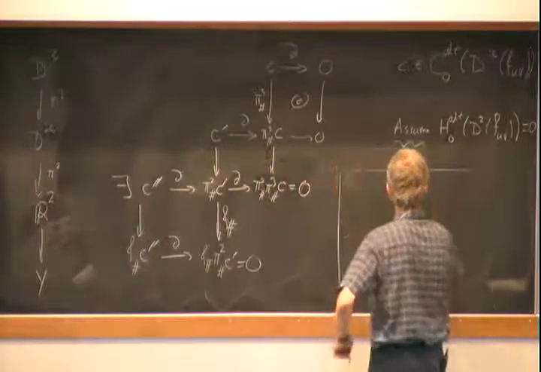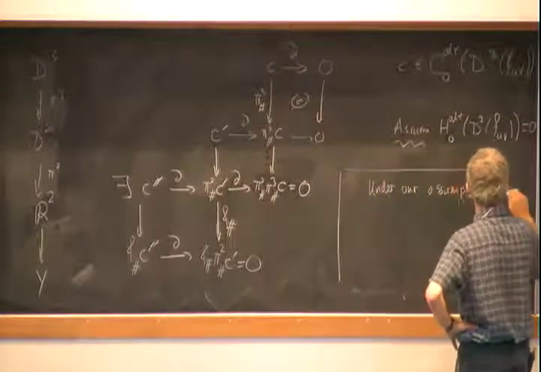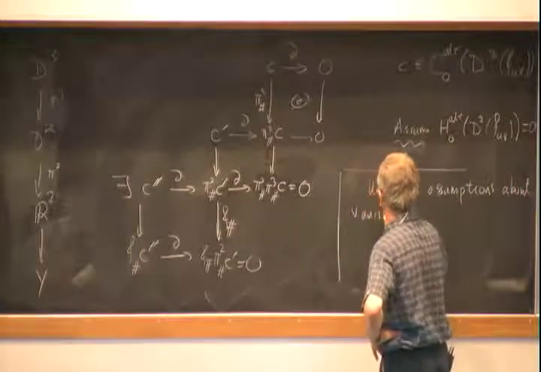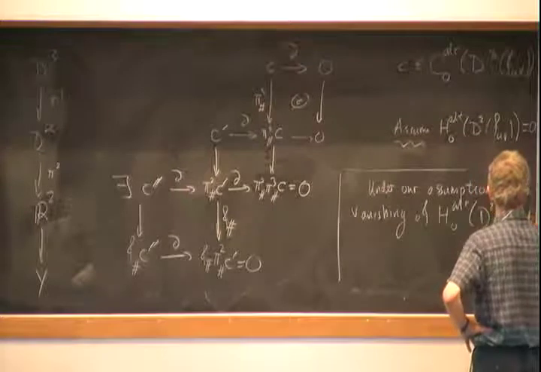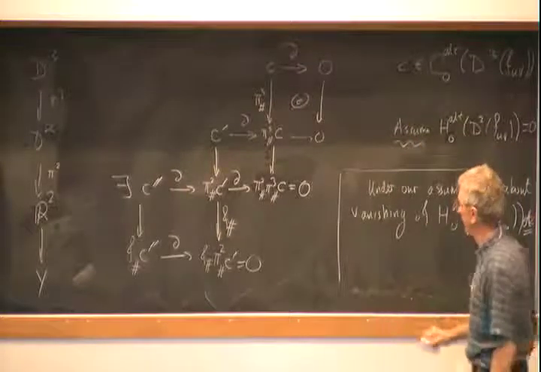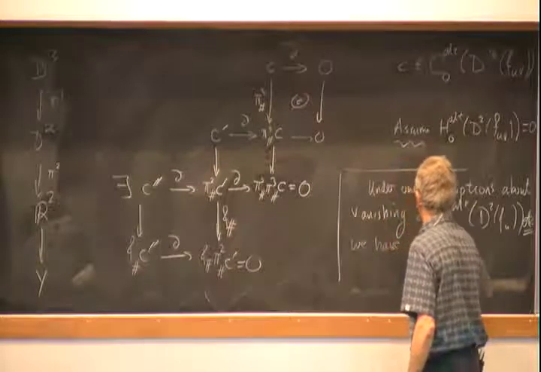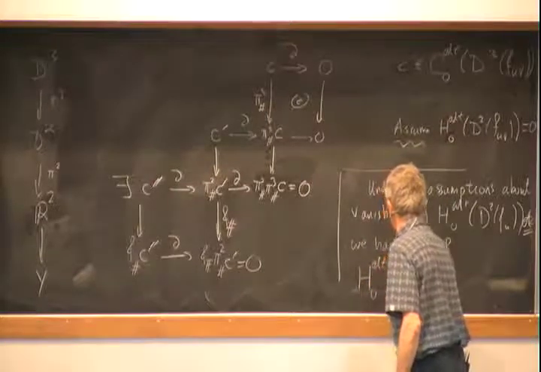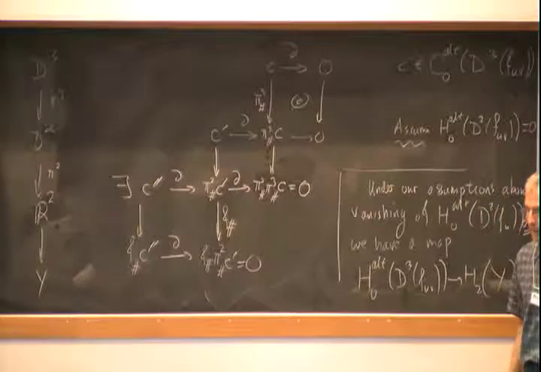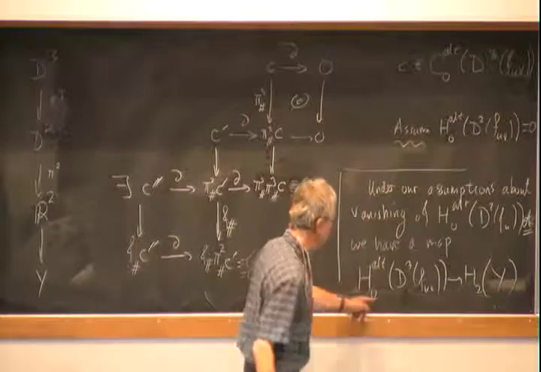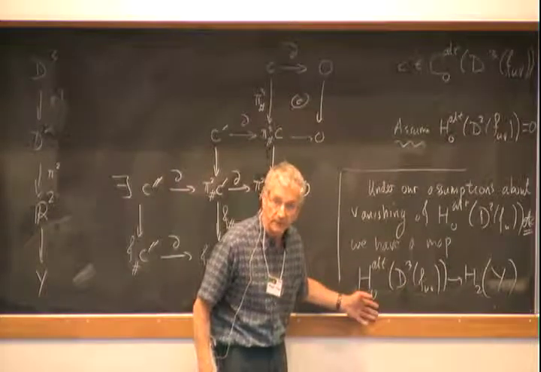So under our assumptions about vanishing of H naught alt of D2 of F u v, etc., because I want to allow more arguments of this kind in more examples, and one has to make certain assumptions, we have a map which goes from H naught alt of D3 of F u v to H2 of Y. Previously we got a map from the first alternating homology of D2 into H2 of Y, and now we found a map from the 0th alternating homology into H2 of Y again.